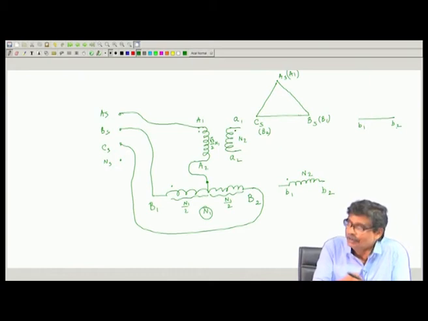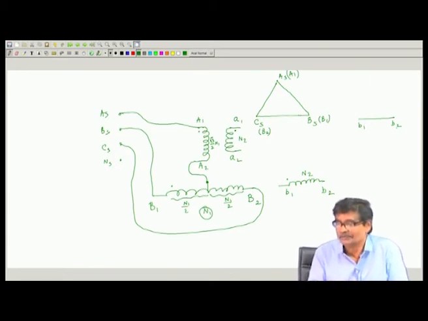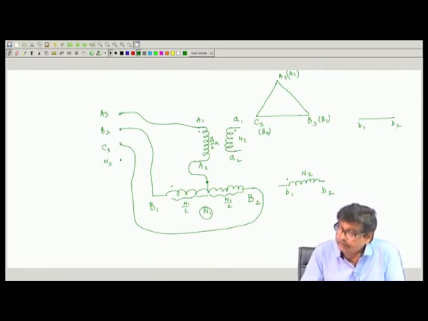We have done a much more complicated case in the case of three phase. Now, here it will be like this. So, this will be the secondary voltage phasor, parallel to B1 B2.